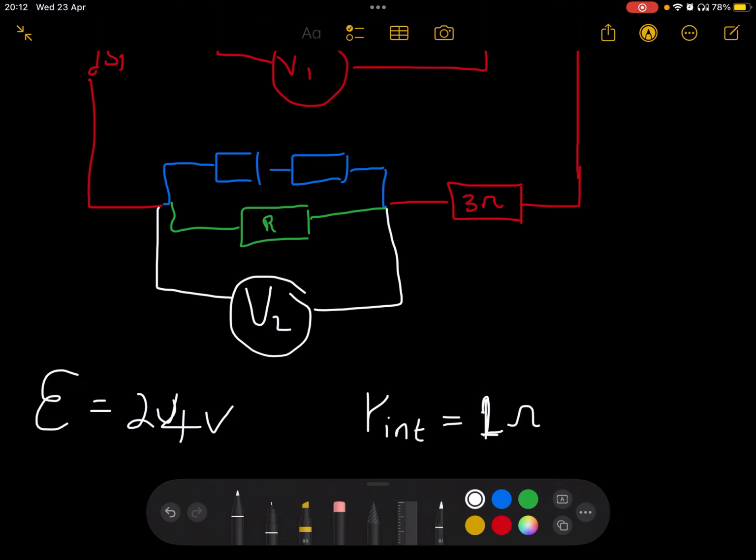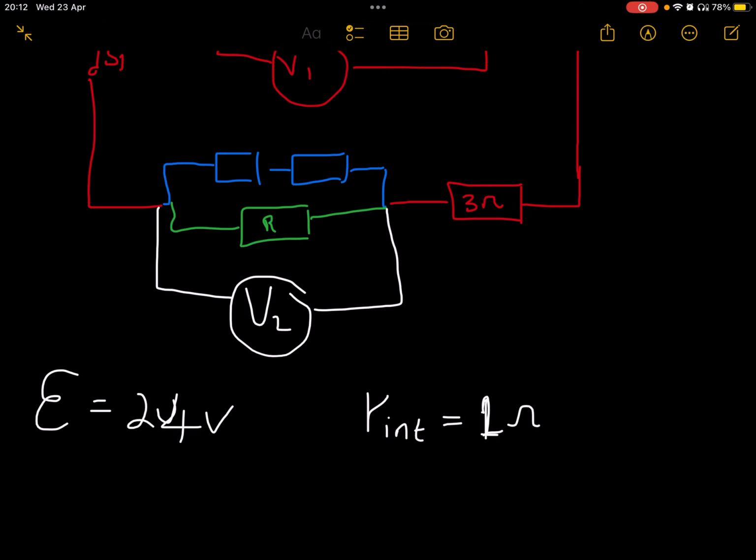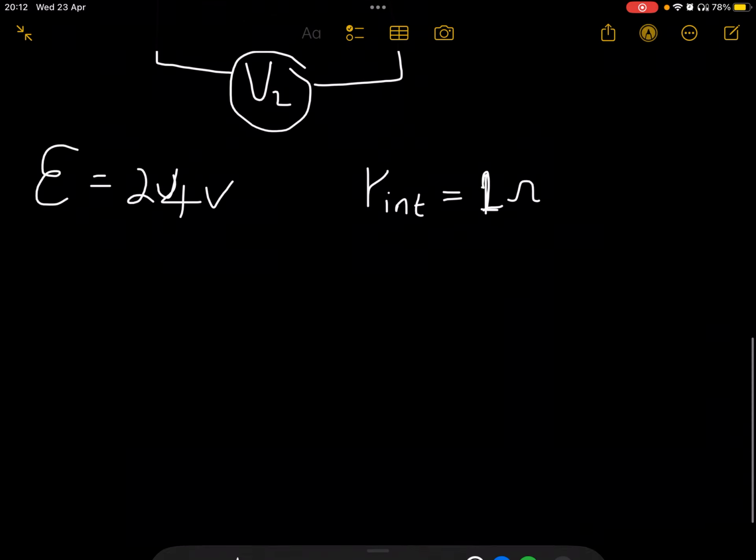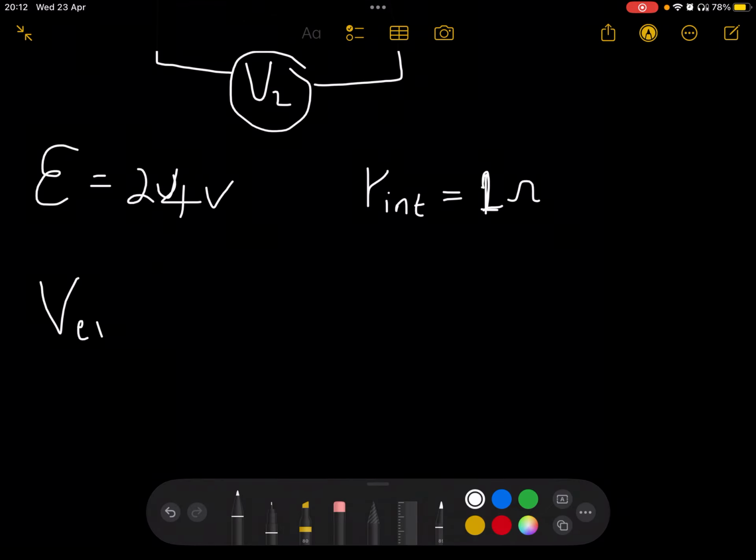And there is V1, which is the potential difference, which I call V external. So V external has been given as 21 volts, right?